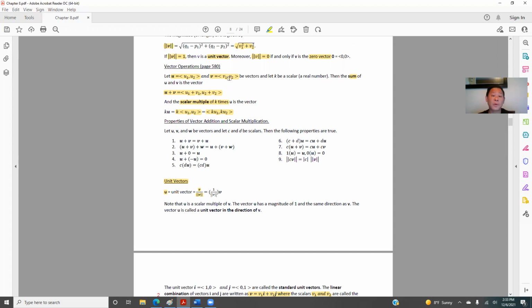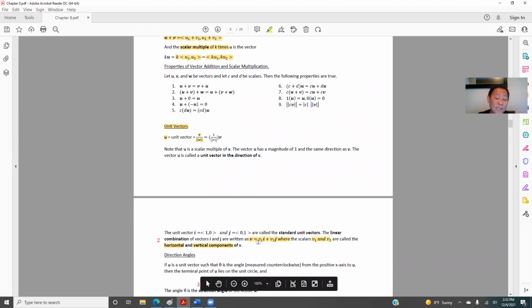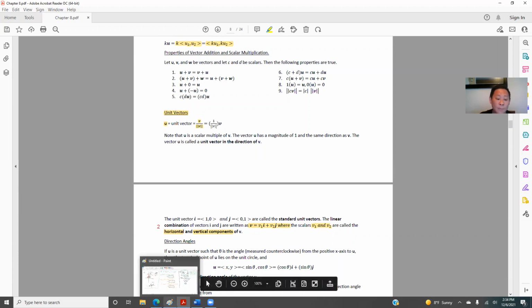So in order for you to write a component form as a linear combination form, it's very easy. You just remove the less than and greater than symbols and replace them with i and j. And don't forget, this i and j is in bold vector form. So when you put this in your online homework, make sure you put the i and j in bold.